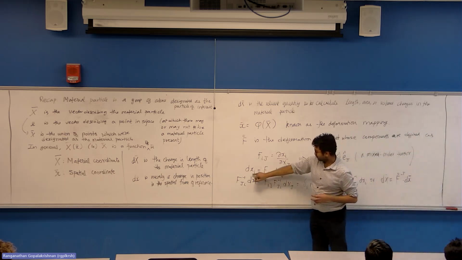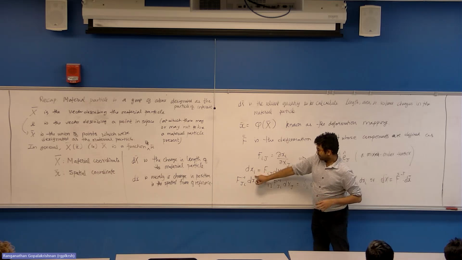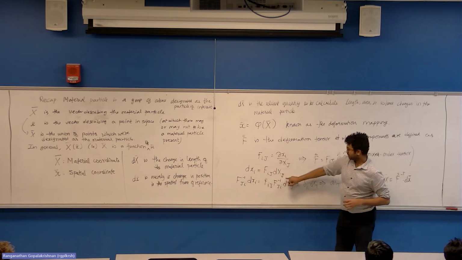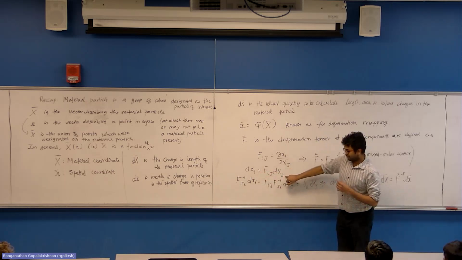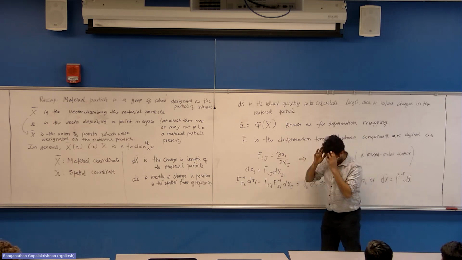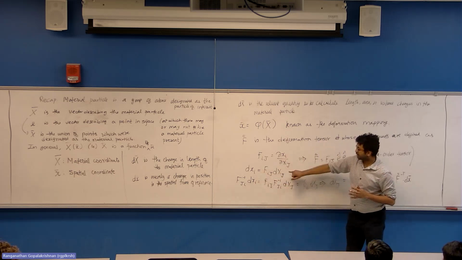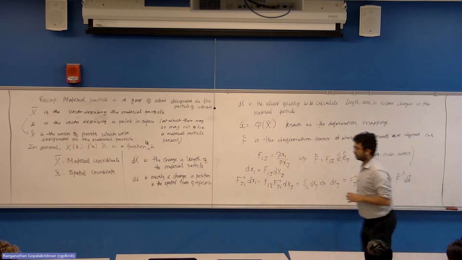So you can write the change in length is the deformation tensor multiplied by the change in length in the material particle, I'm sorry, change in position is related to the change in length. Okay, let me write that here.